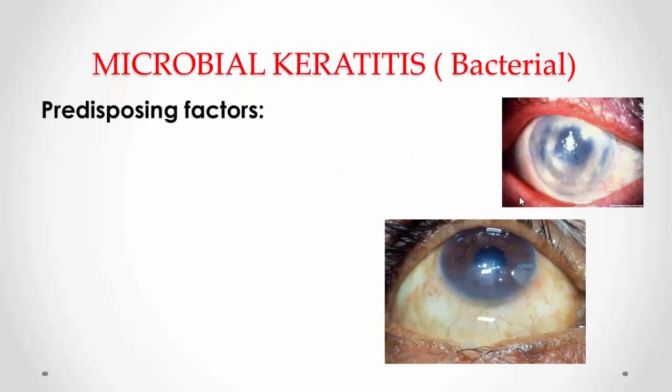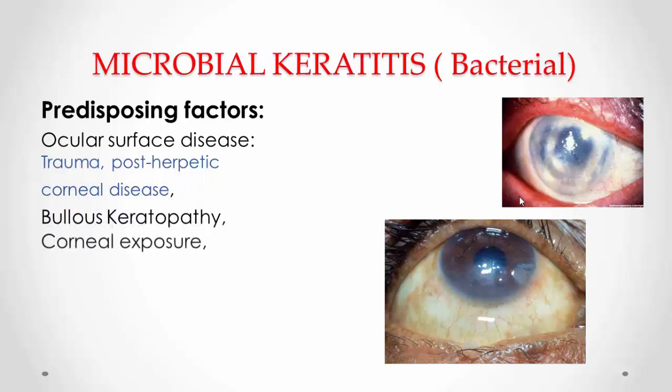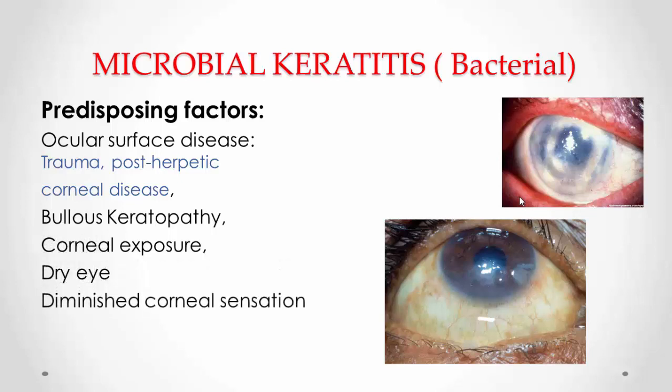In microbial keratitis caused by bacteria, the main predisposing factors are trauma, post-herpetic corneal disease, bullous keratopathy due to post-phacoemulsification surgery with endothelial damage, and persistent corneal exposure, as in exposure keratitis, dry eye, and diminished corneal sensation in neurotrophic keratitis, and also contact lens wear.